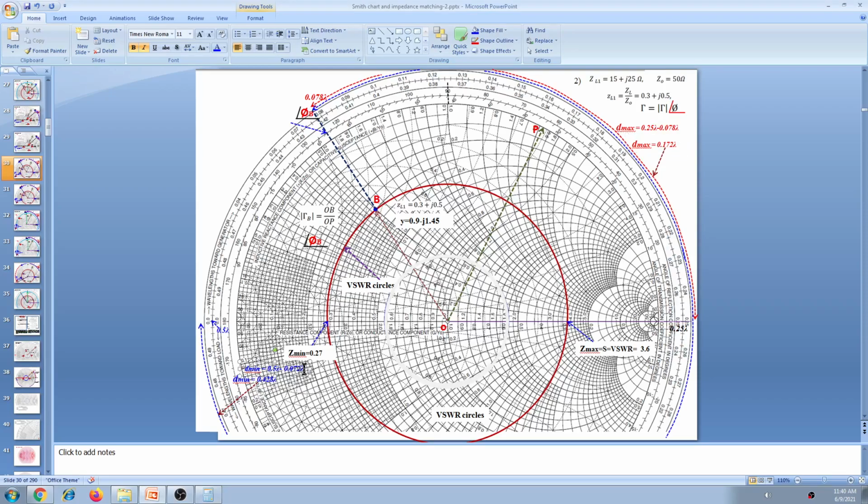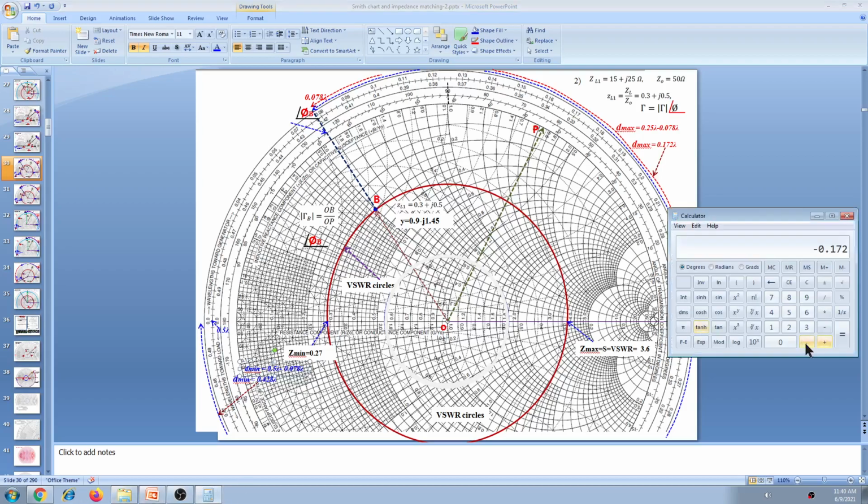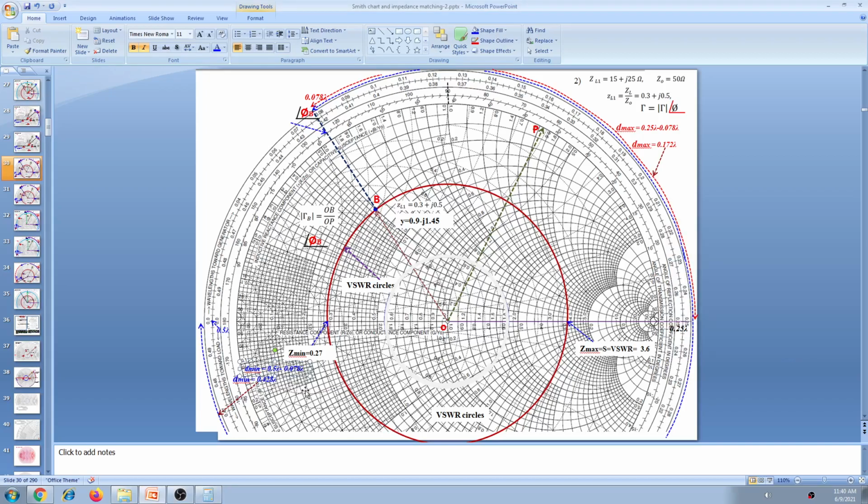Similarly here, 0.5 minus 0.078 gives 0.422 here.